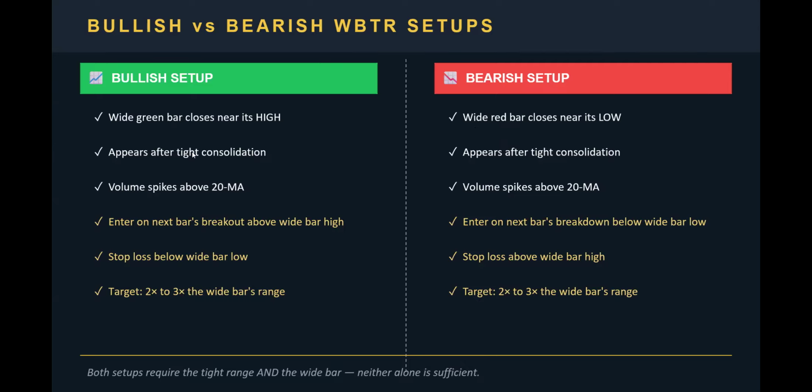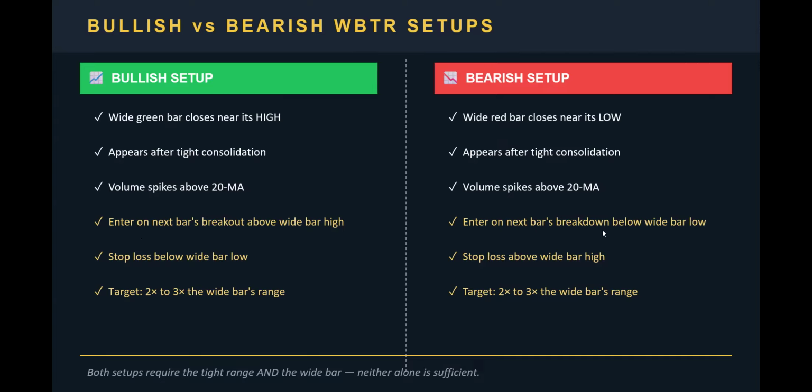Both appear after tight consolidation. Volume spikes above the 20 period moving average. Enter on the next bar's breakout above the wide bar high. You should enter only on the next bar's breakout. That is, a follow-through candle should be there.